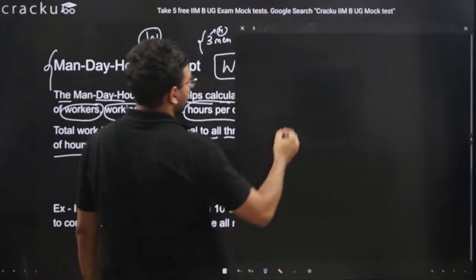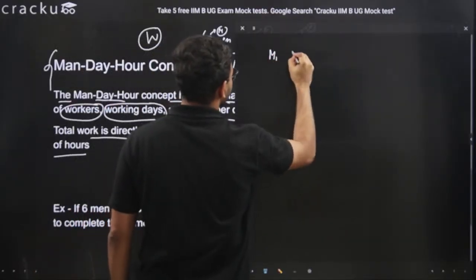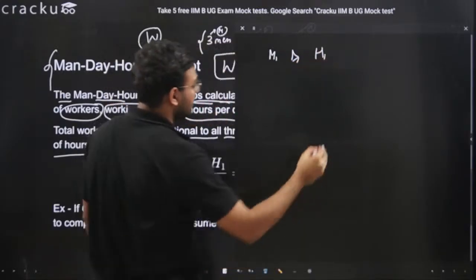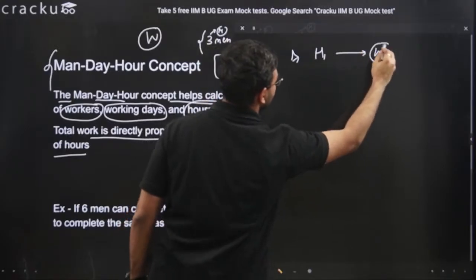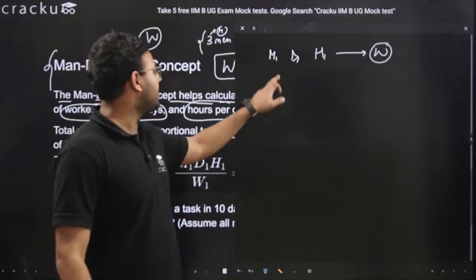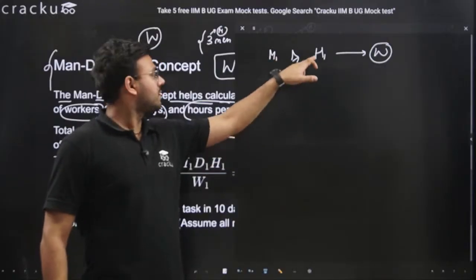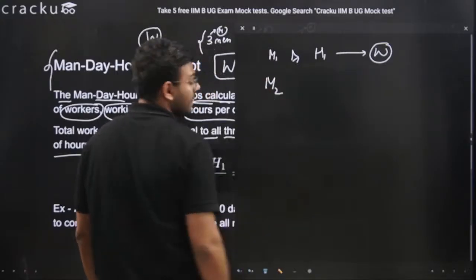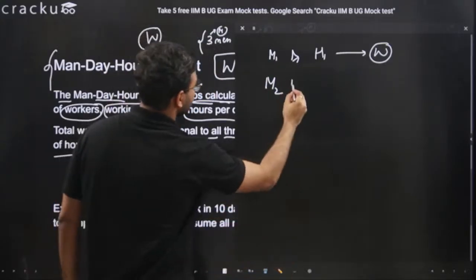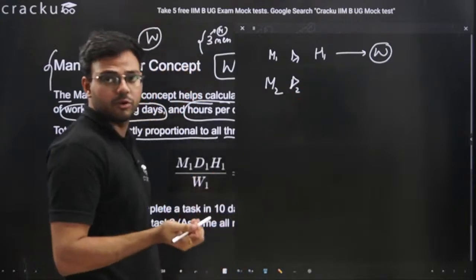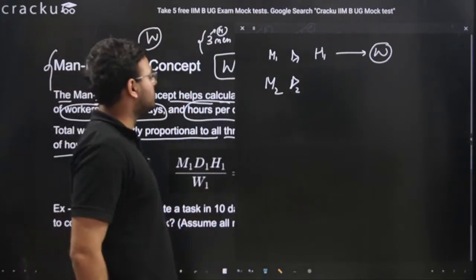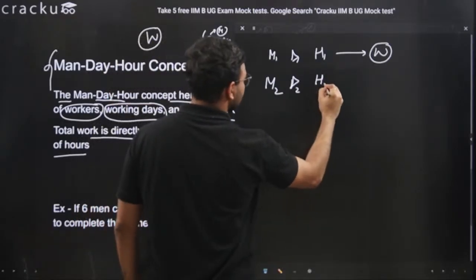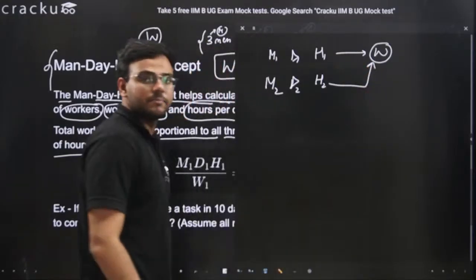So let's say there were M1 men taking D1 days and working H1 hours per day to complete a piece of work W. Similarly, let's say M2 men are taking D2 days and working for H2 hours to complete the same piece of work.